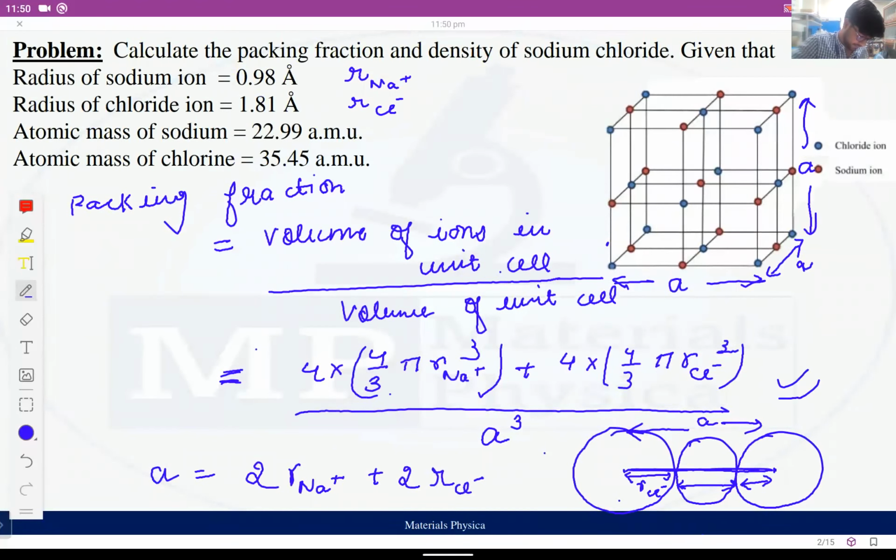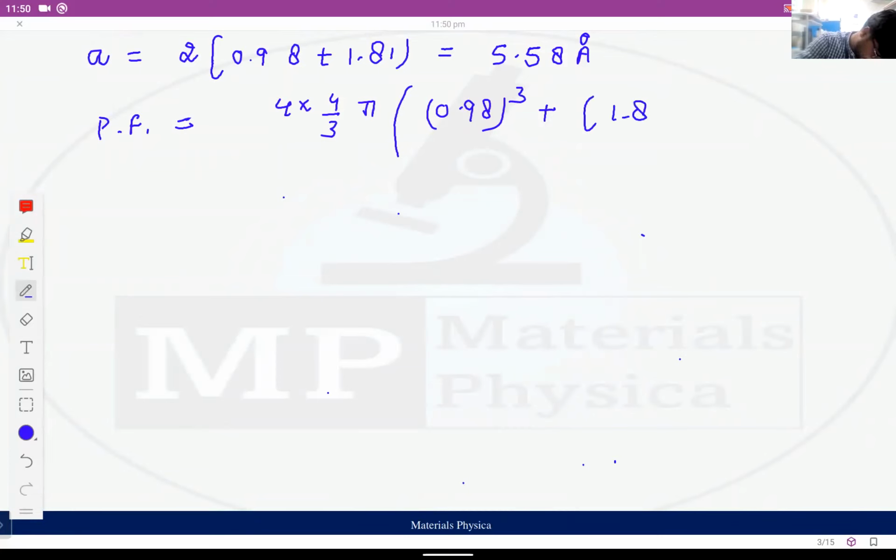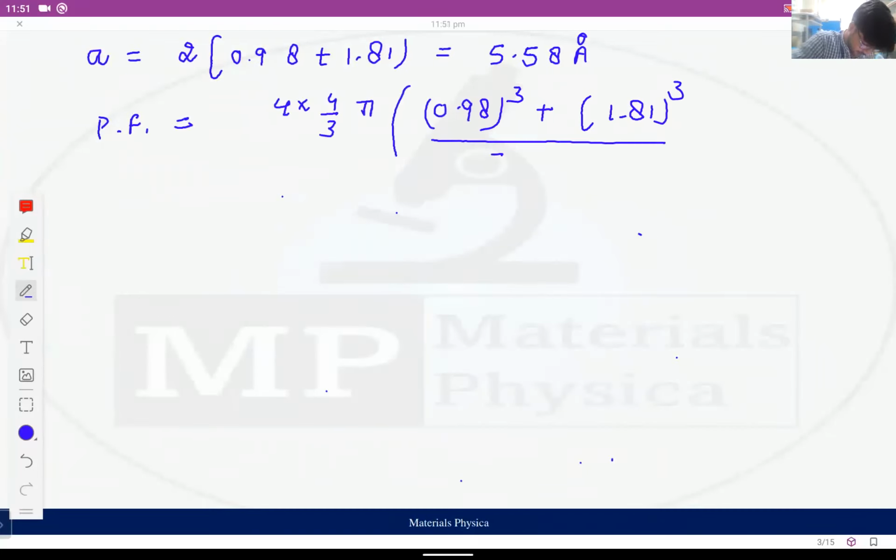We will get packing fraction equal to 4/3 pi times the sum of 0.98 cube plus 1.81 cube, over the cube of the lattice parameter, that is 5.58.